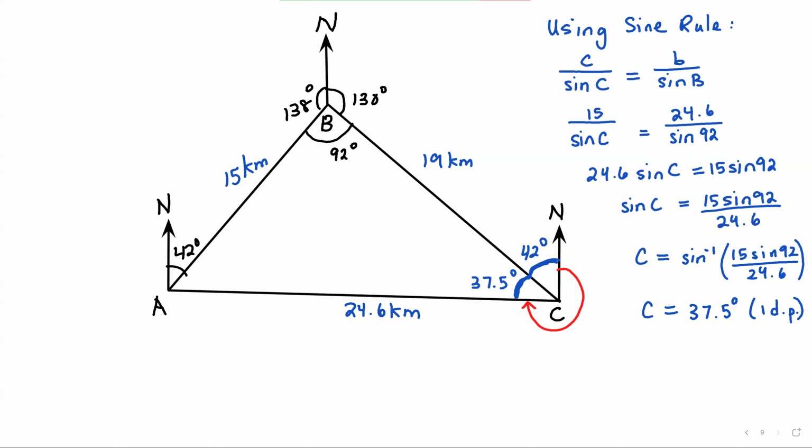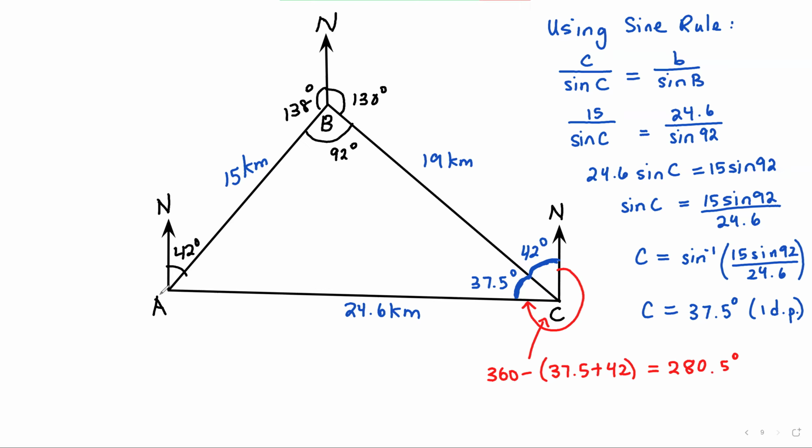So this here, which is what we're trying to find, will be 360 minus the sum of 37.5 and 42. 37.5 plus 42 is 79.5, and 360 take away that is 280.5 degrees. So therefore, the bearing of A from C is 280.5 degrees.